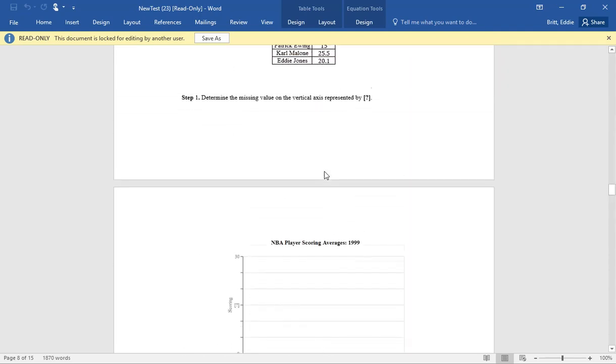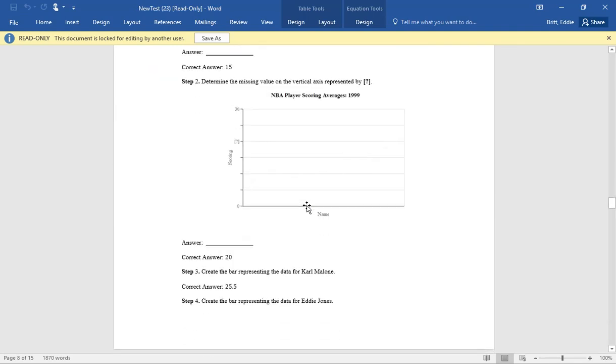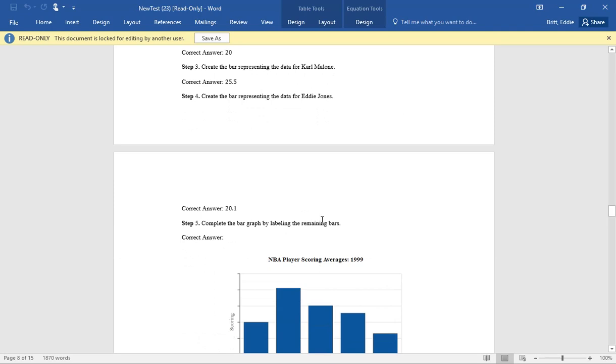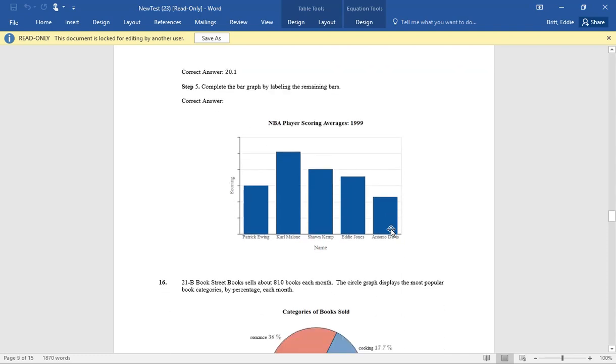So I guess that would mean we'll just create the other 3. That will be step 3, step 4, and step 5. So I guess you could do all of those at once. They leave a little space here. It really doesn't matter to me, as long as each one of these is the same width, that's all that matters on that one. Alright.